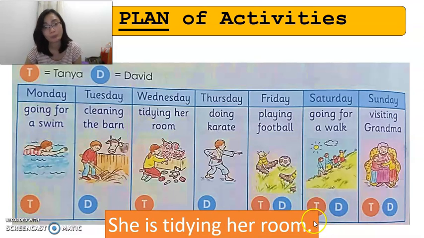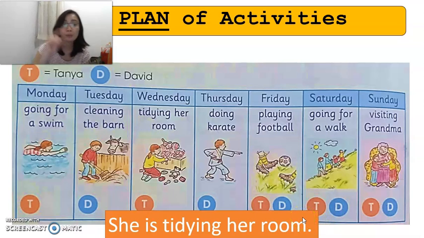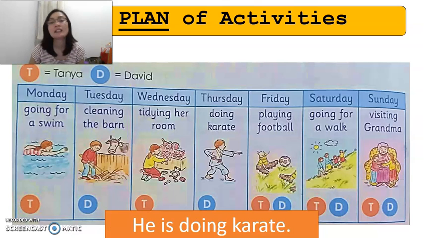Her room. So it followed the rule number 1 and rule number 2 in planning of activities. Let's try another one. What is David doing on a Thursday? He is doing karate. So he for the pronoun, is for the be verb, and do plus ing form, doing.